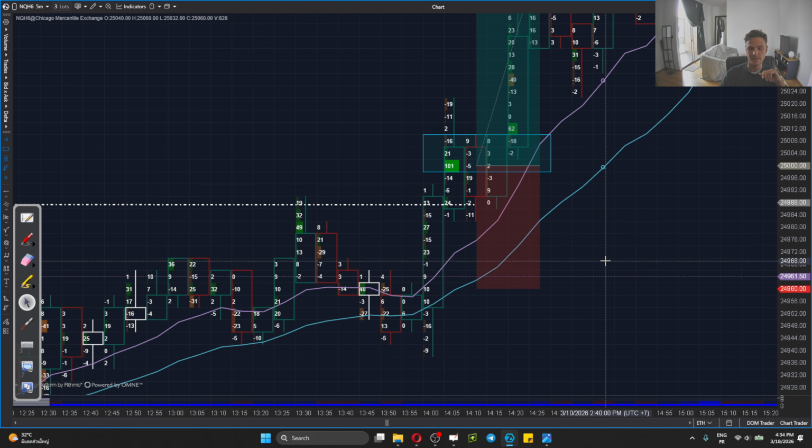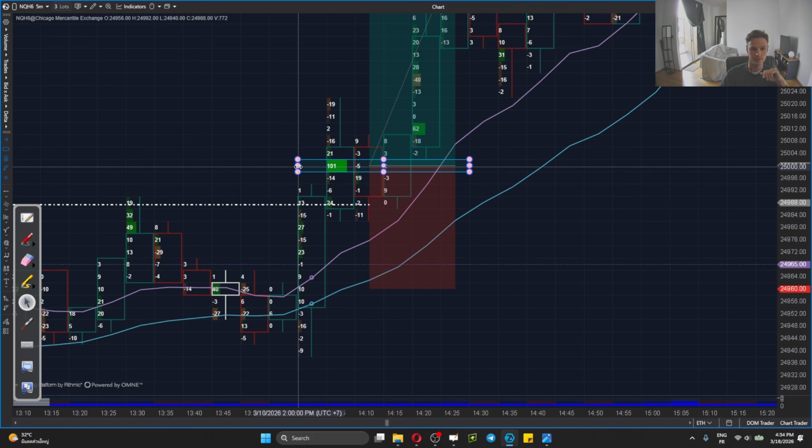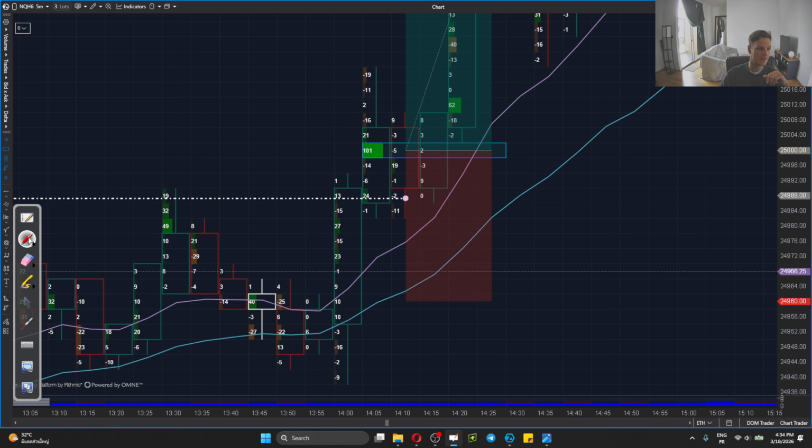Now, on the breakout, what do we see? We see we can actually make a smaller order block here, because this is where the action happened. As we break out, we close above that level of resistance, now potentially becoming support, and we have a huge cluster of positive delta, a big cluster of buyers, and the candle closes above them, which is very important.